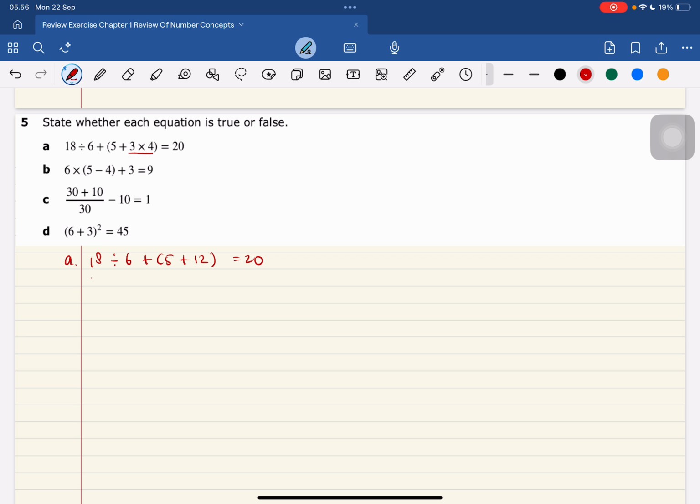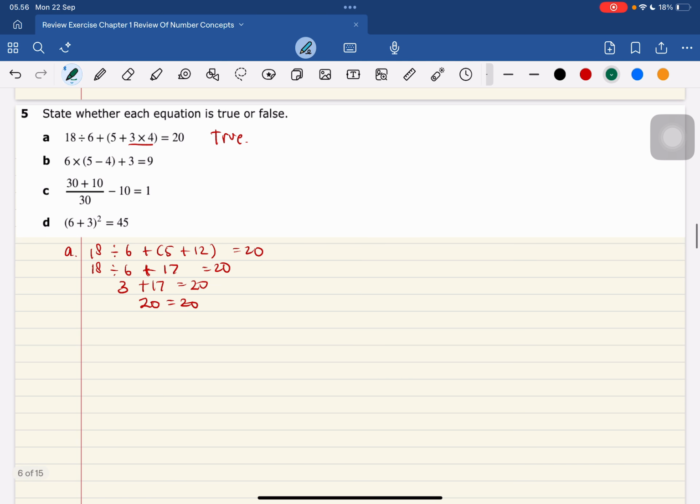Next, bracket 18 divided by 6 plus the bracket 5 plus 12 is going to be 17. Okay, the first we need to do is divide. 18 divided by 6 is going to be 3, plus 17 equals 20. So 20 equals 20. So the first is true.